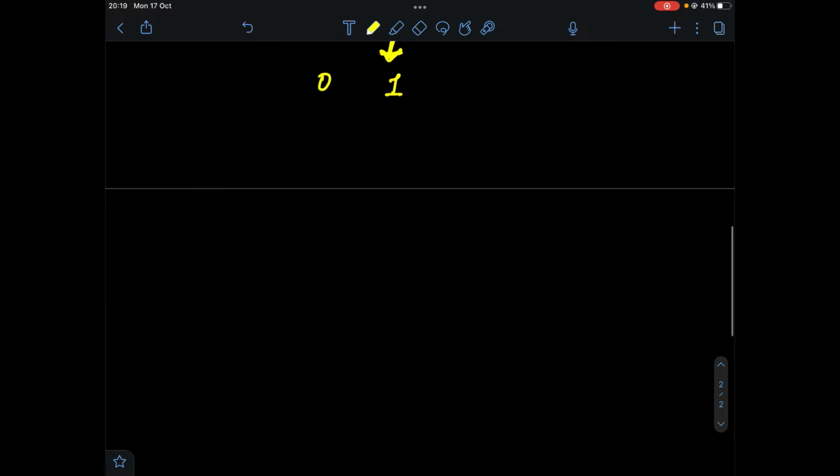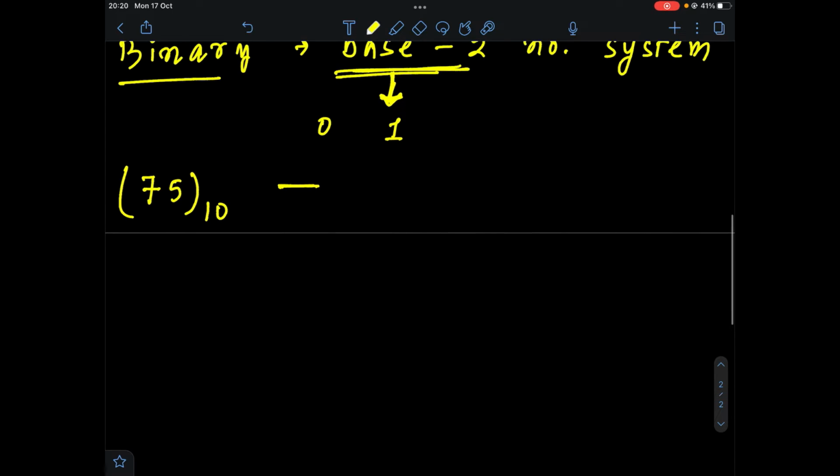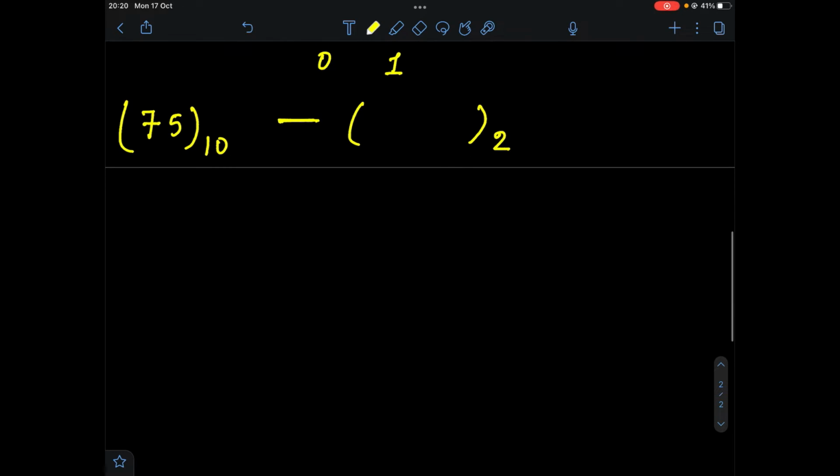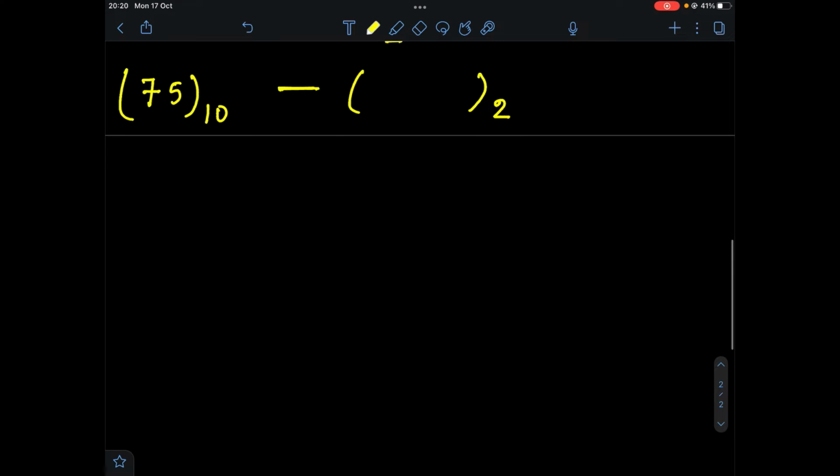So basically I mean to say, if I am writing 75 in terms of base 10, then what will be the value of this 75 in terms of base 2? Now we'll see that. Here I'm going to show you two methods.